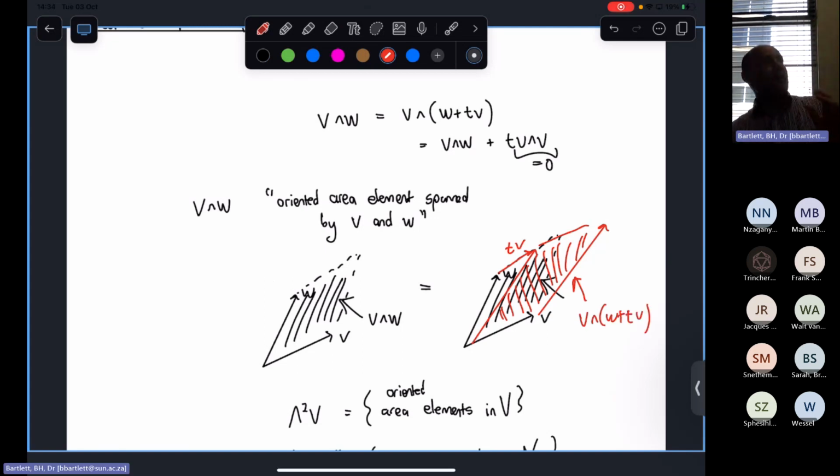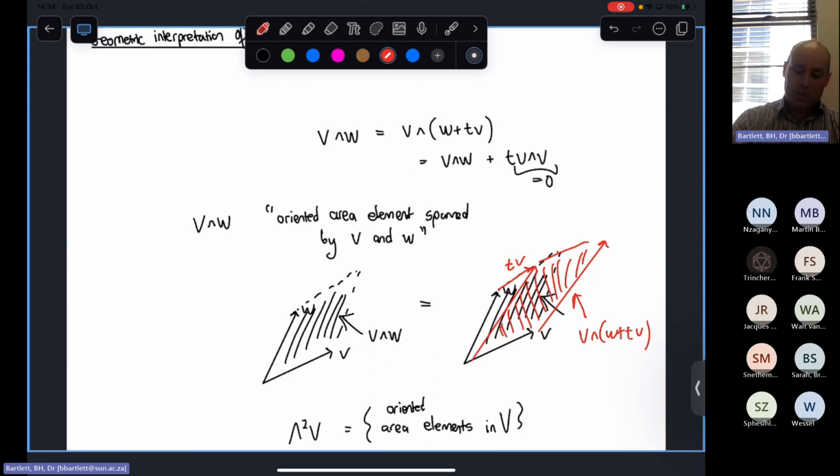And you see that the area of the black element is the same as the area of the red element. And that's why we only care about the area. That's the motivation for these rules that we have, that V wedge W is minus W wedge V. So exactly that we can get this equation here.